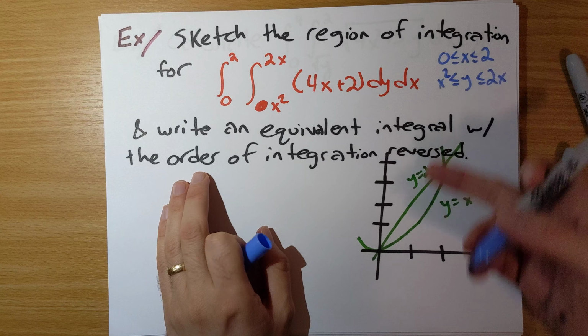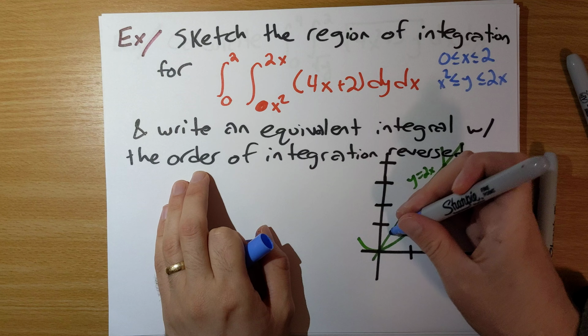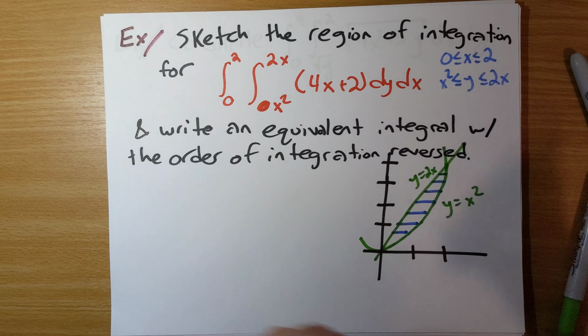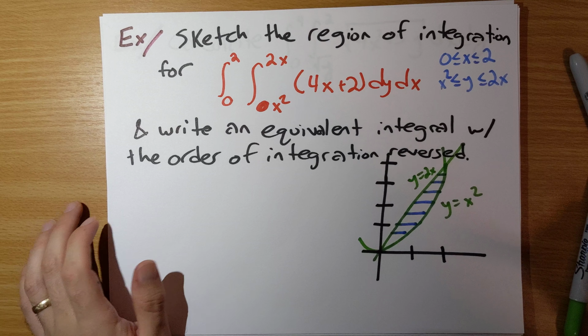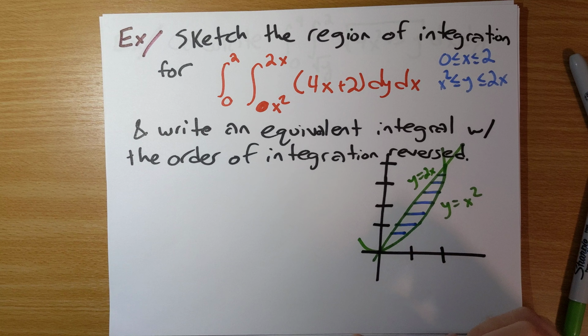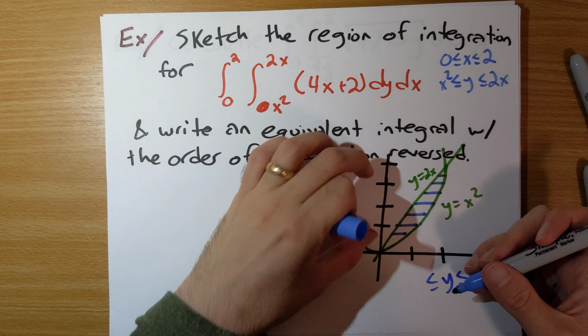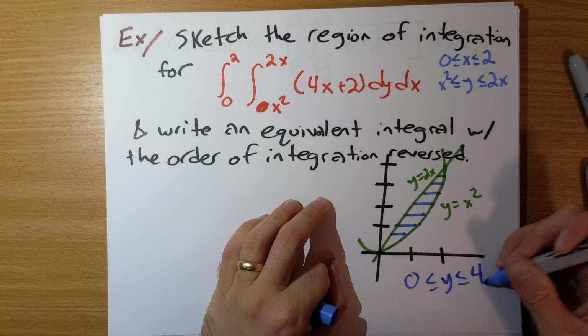So before we were slicing this vertically, now we slice this horizontally, and this ends up feeling a lot like the problem that we did a couple of videos ago here. What's our y bounds? Y runs from 0 to 4.